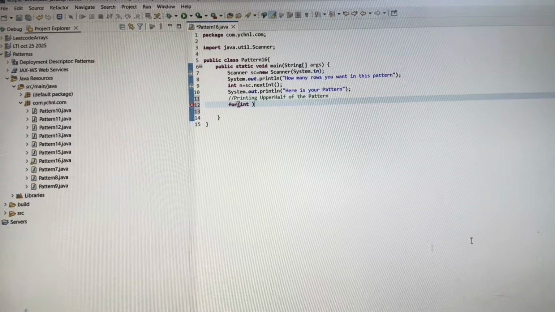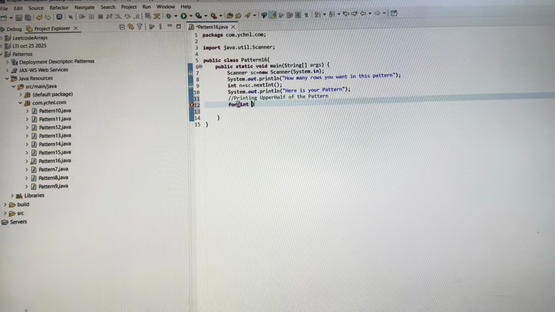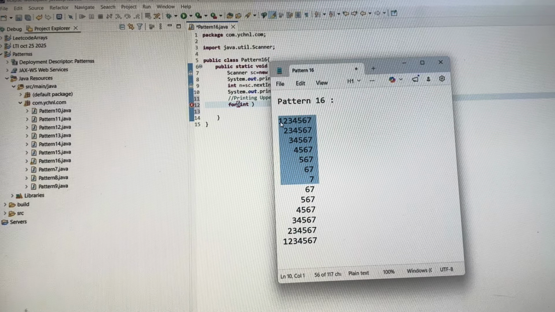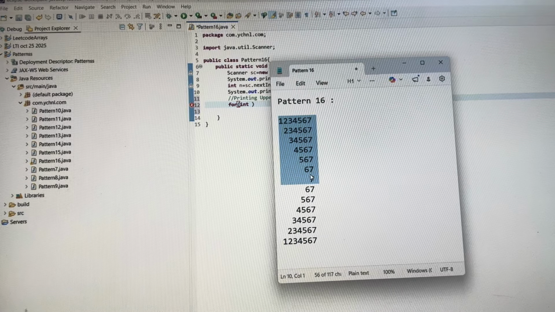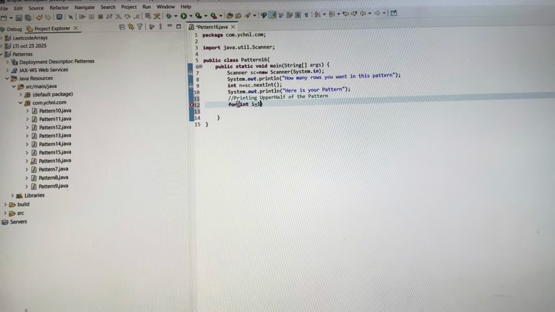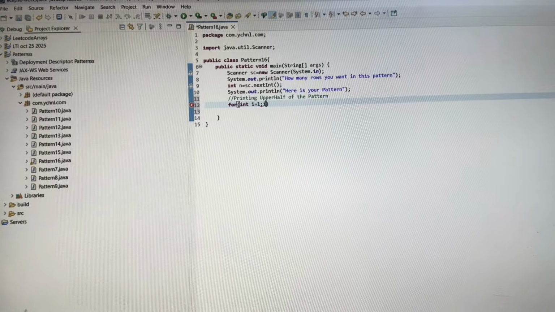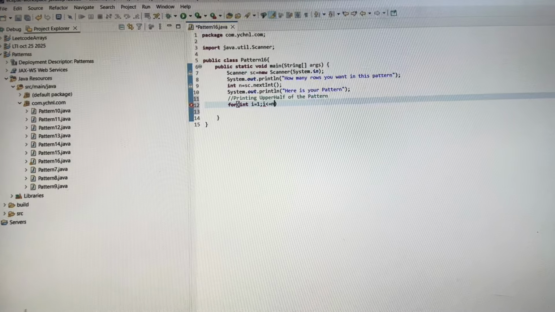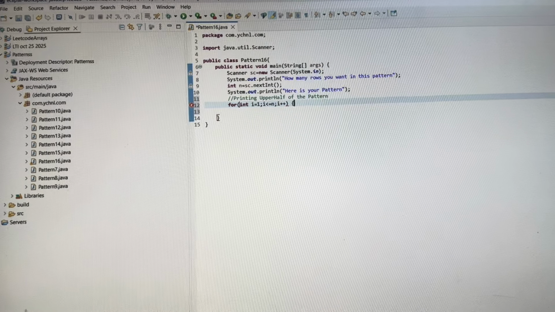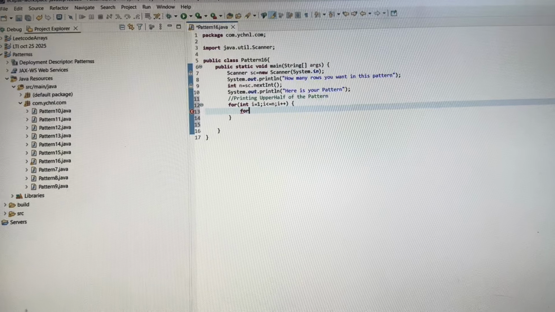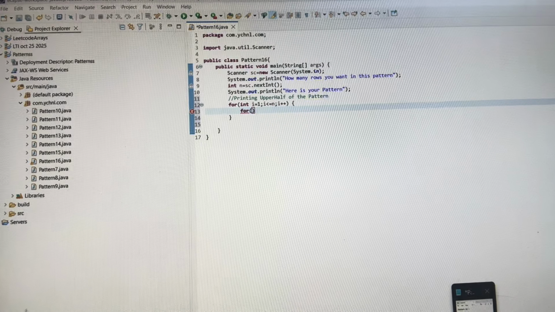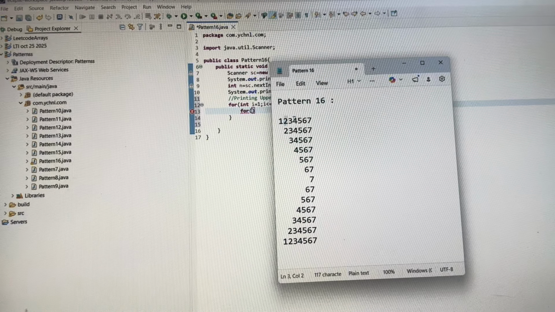Once again I'm checking the pattern. If you look at the pattern here, i is starting from 1 to 7, right? So i equal to 1, I have to take i less than or equal to n, i plus plus, as rows are in increasing order. For each row the elements are also in increasing order, right?